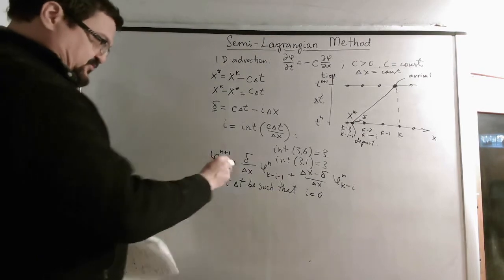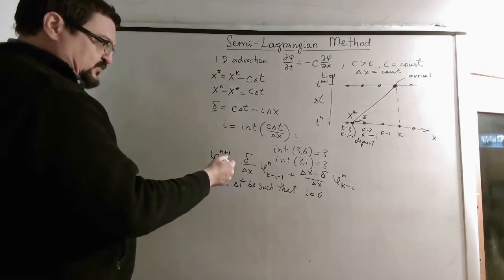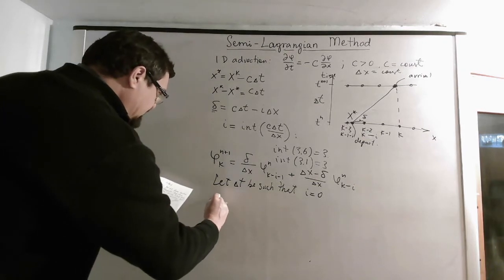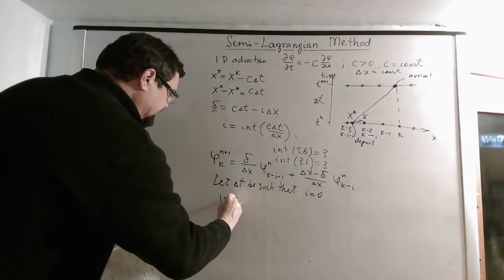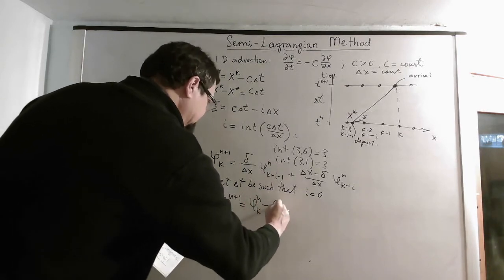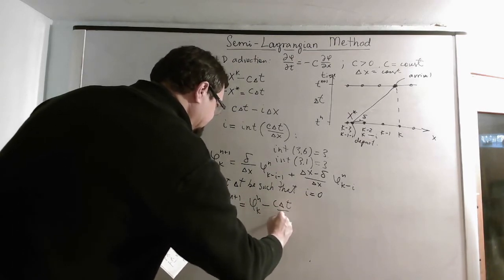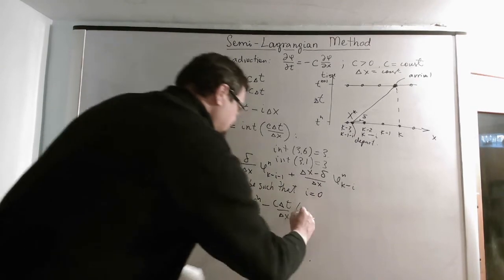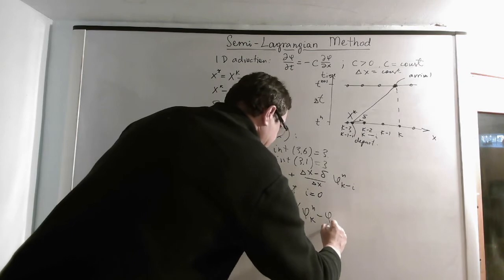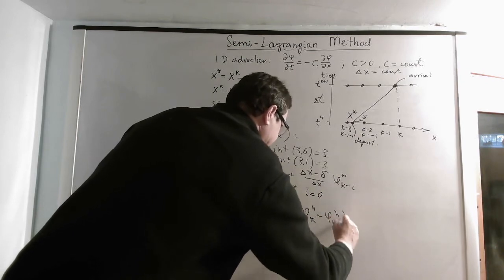In that case, if you do this exercise and substitute in there, you will get the scheme phi k n plus 1 equals phi k n minus c delta t divided by delta x, times phi k n minus phi k minus 1 n.